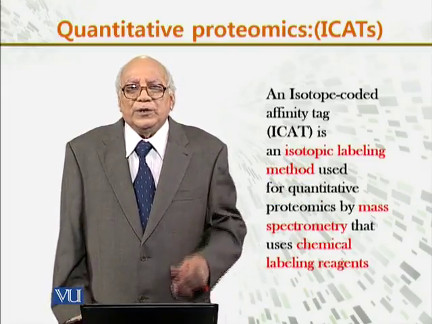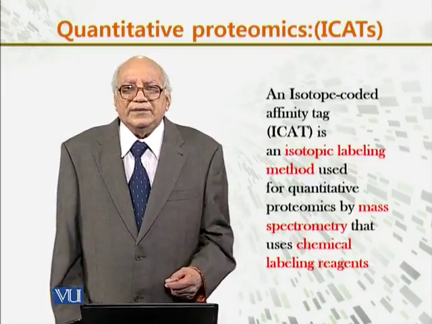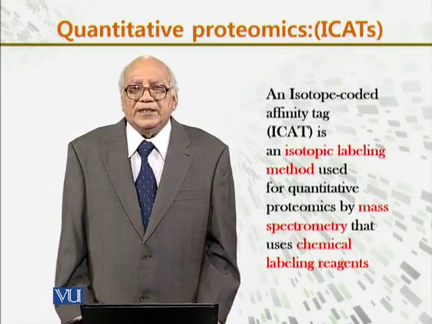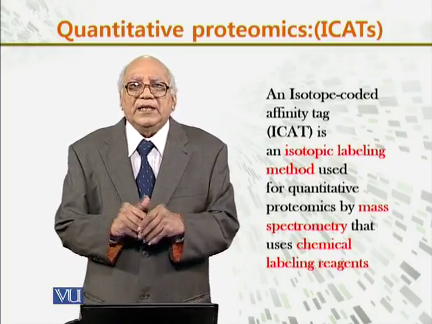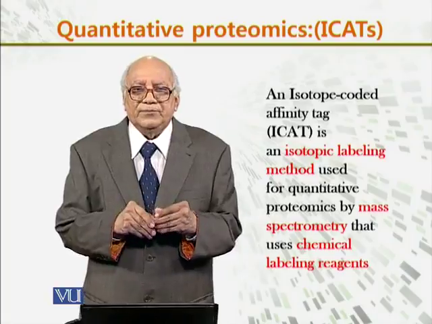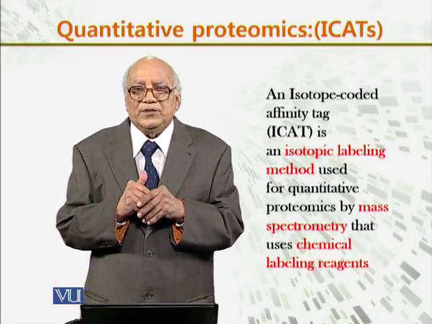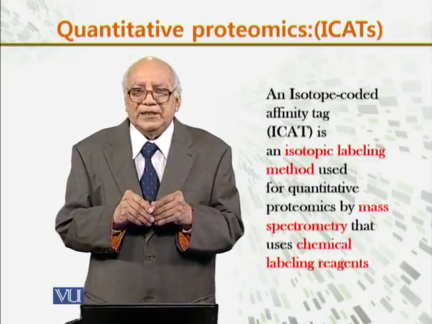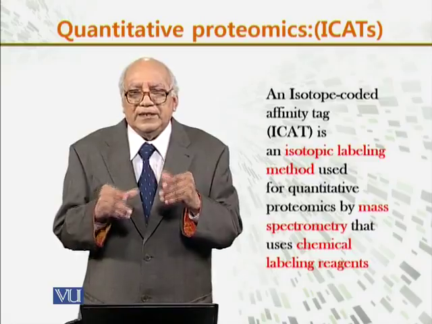An isotope coded affinity tag, as the name indicates, is an isotopic labeling method that is used for quantitative proteomics by mass spectrometry and that uses a chemical labeling agent.